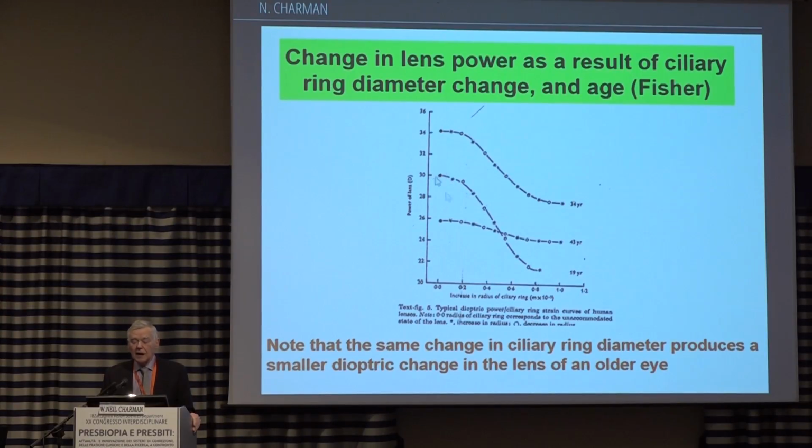With a 19-year-old, a particular change in the gap between the periphery of the lens and the muscle produces a big change in the power of the lens, whereas as you get older, the gap diminishes between the two. So you might make a big gap, and there's very little effect here.